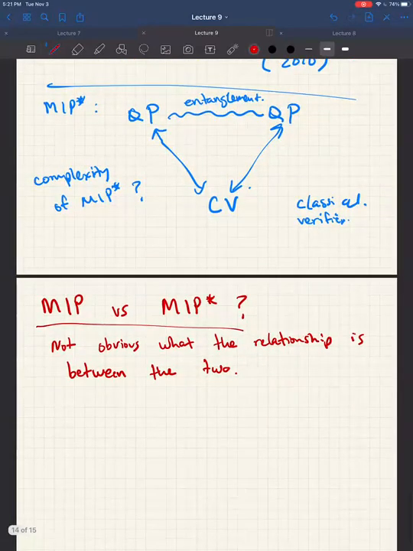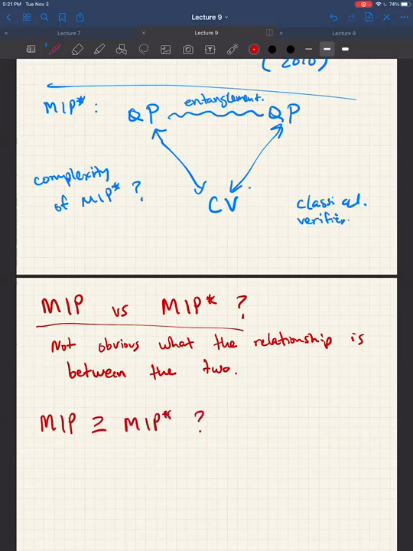We can try to think about it in one way. In an interactive proof, in the no case, the provers are trying to convince us of a yes answer, so they're trying to fool us. Since the provers now have this additional resource in the quantum setting, this entanglement, we might think that maybe it gives them extra power to fool us.